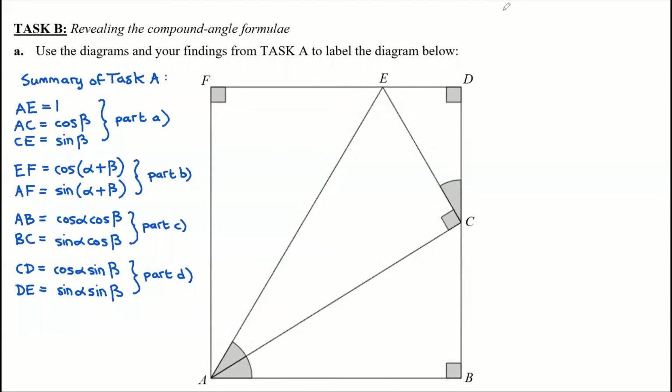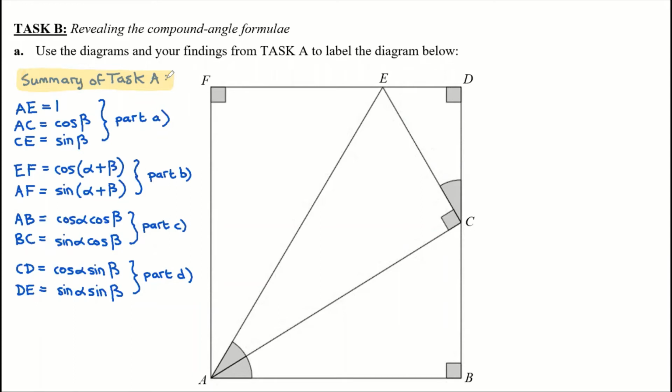All right, so what I've done is I've just summarized all our findings from task A in this list. Now you have the diagrams in front of you as well, so you have a slightly better idea of what's actually going on. But the idea behind task A was to give you a bit of scaffolding in labeling this diagram. Now, the first place I'd like to start is with part A, as you can see here.